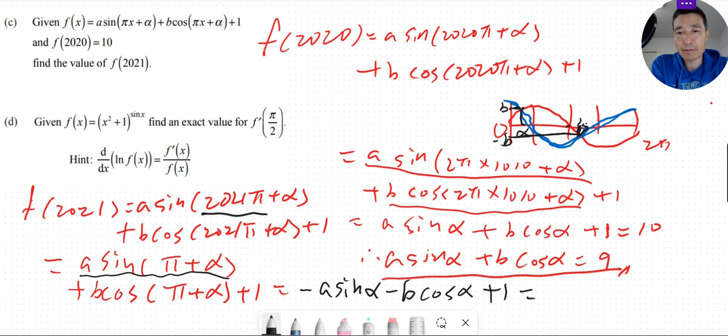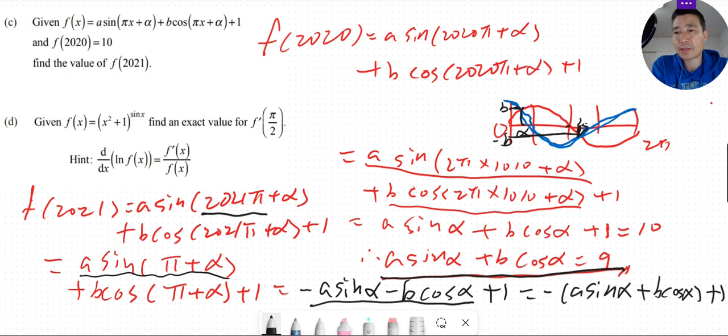If I factorize this by negative, that becomes minus a sine alpha plus b cosine alpha plus 1. And do you remember we discovered a sine alpha plus b cosine alpha is 9? So that means minus 9 plus 1, which is negative 8, right? That wasn't hard. Now, next question.